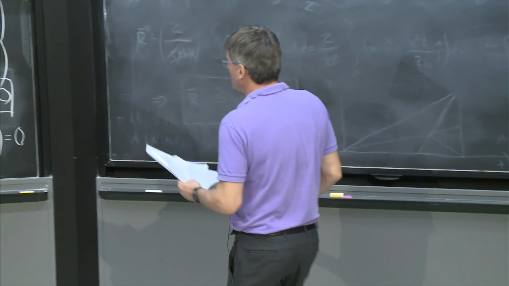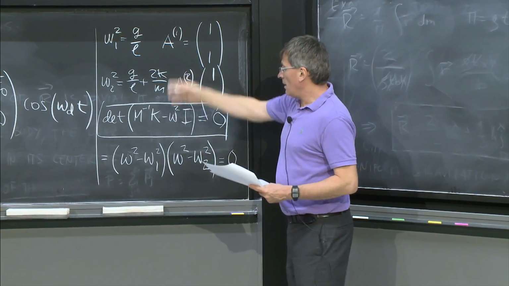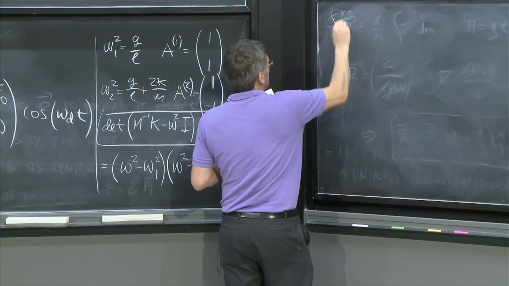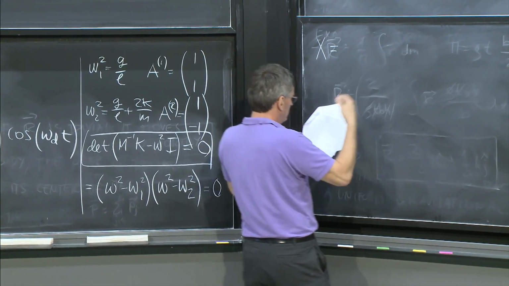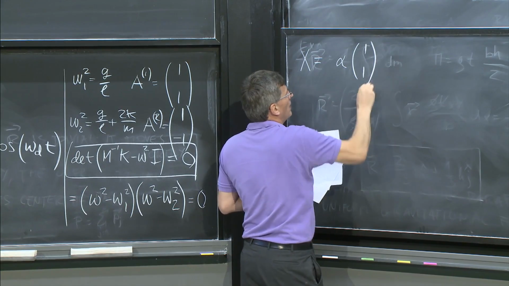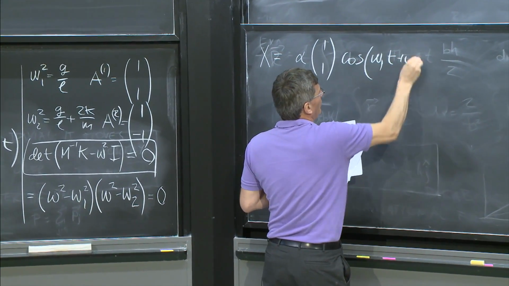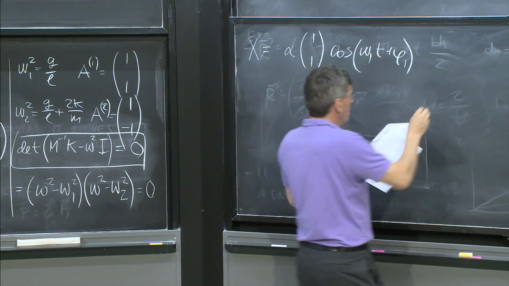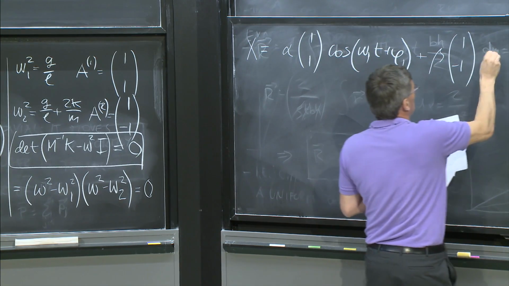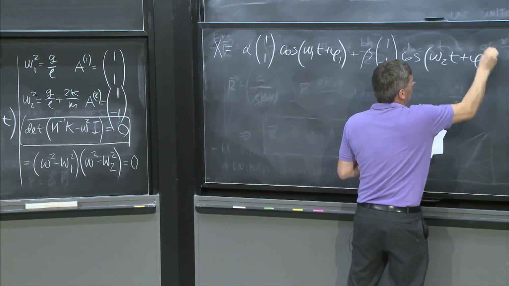And again, as a reminder, the most general motion of the system with no external force was a superposition of those two oscillations, which we can write as some amplitude alpha, 1, 1, cosine omega 1 t plus phi 1, plus beta, 1, minus 1, cosine omega 2 t plus phi 2.